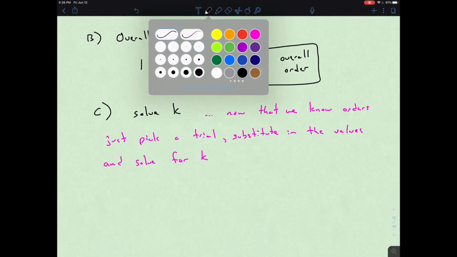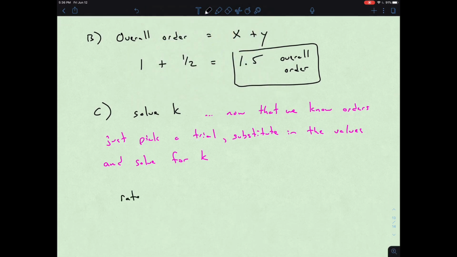So at this point, our rate would be equal to little k times the concentration of A to the 1/2 order times the concentration of B to the first order. So there's our rate expression so far.